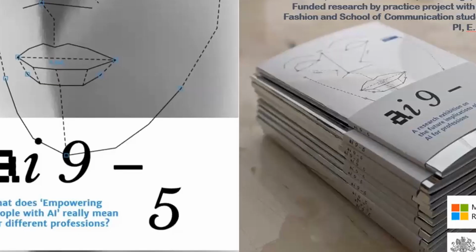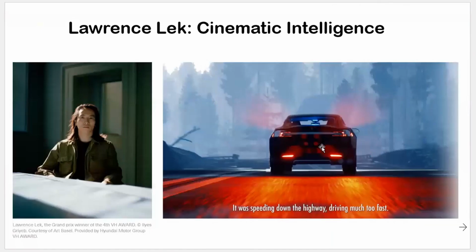So I wanted to, I don't know if you know about Lawrence Lek. He's just a wonderful artist and filmmaker, and his PhD I thought was such a brilliant concept. He was looking at automated vehicles, which are full of cameras and full of sensors of all different types. And he was proposing that actually those vehicles are a kind of cinema, a kind of automated cinematic intelligence, which is not really for humans to drive them around, but the actual mediation and messages and cinematic representations are for the car itself.